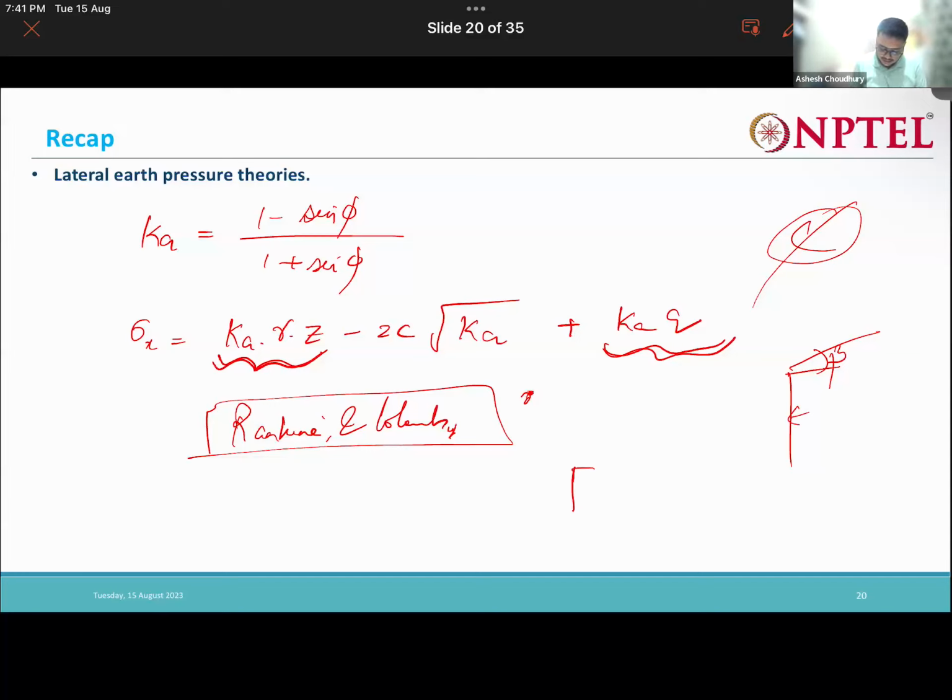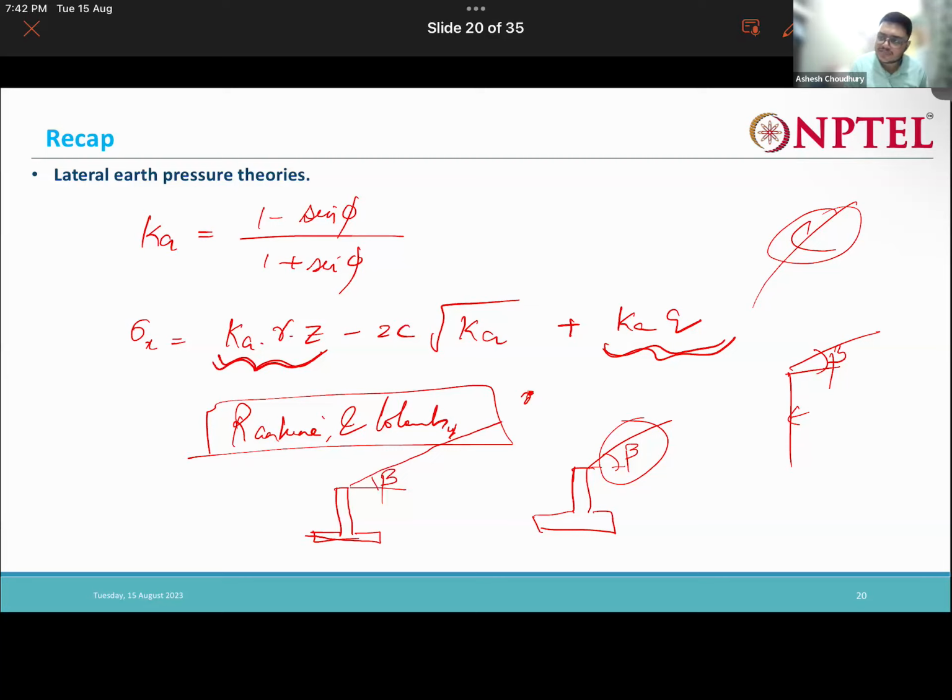Say you have a retaining wall and you have a backfill, and the backfill is inclined at angle beta. What is the maximum value of beta that is possible? The backfill is not straight, it's inclined at angle beta.